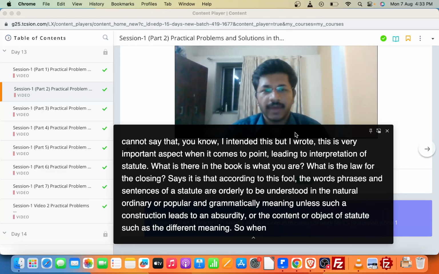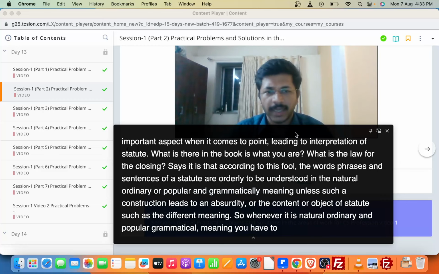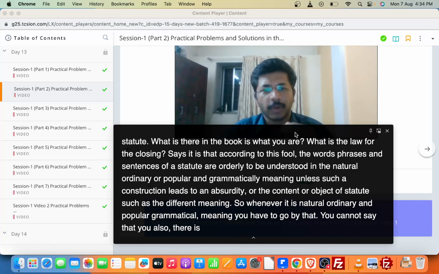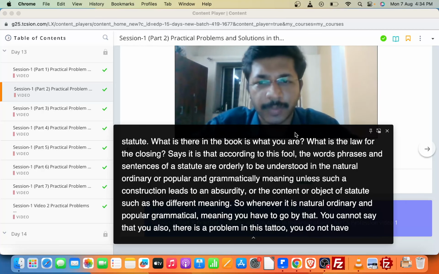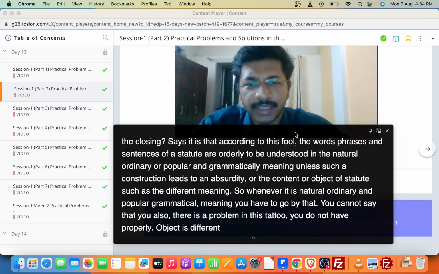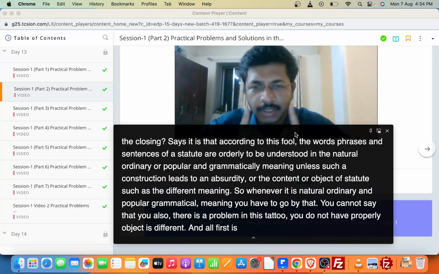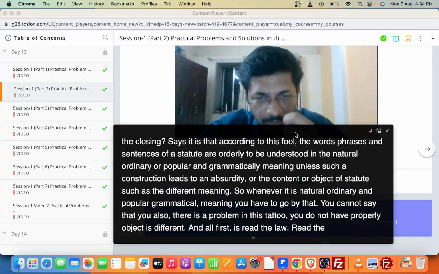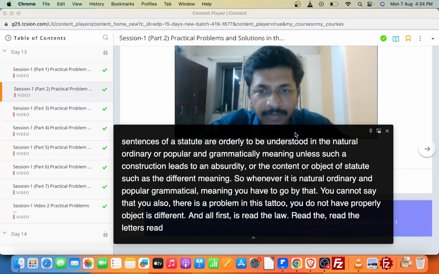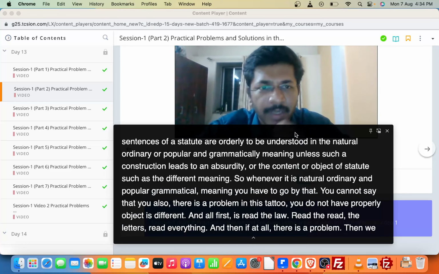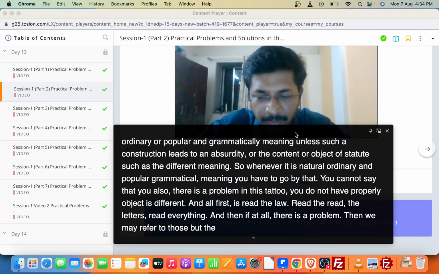So, whenever it is natural, ordinary, and popular grammatical meaning, you have to go by that. You cannot say that, sir, there is a problem in the statute, it is not drafted properly, object is different, and all. First is read the law, read the letters, read everything, and then if at all there is a problem, then we may refer to the rule. But the primary rule is literal interpretation.